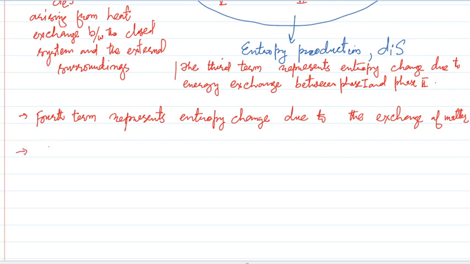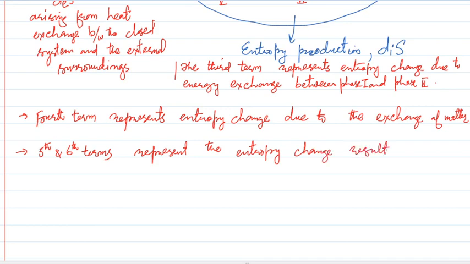And the last two terms, that means the fifth and sixth terms, they simply represent the entropy change resulting from chemical reactions.